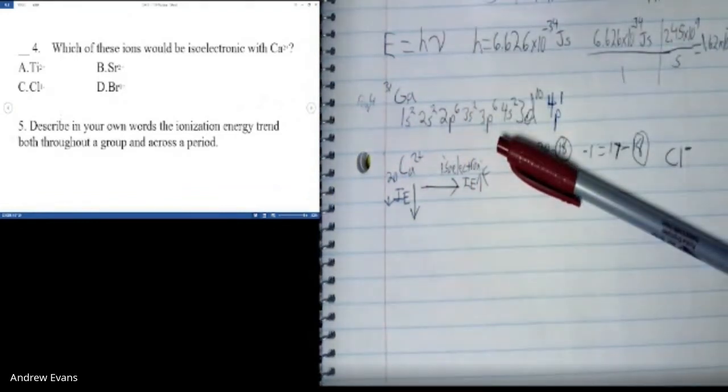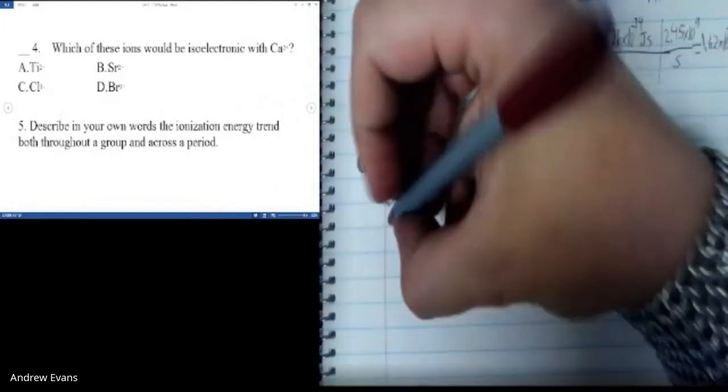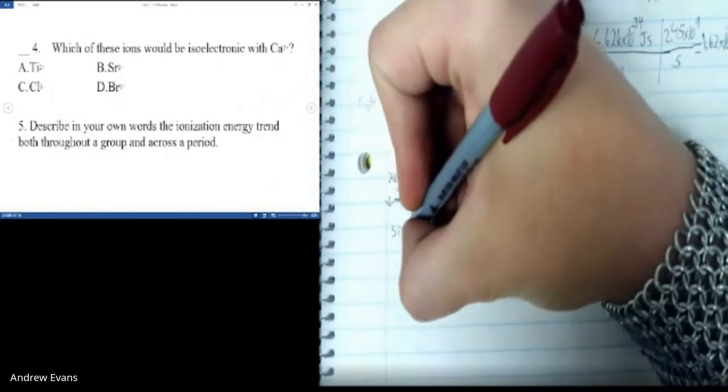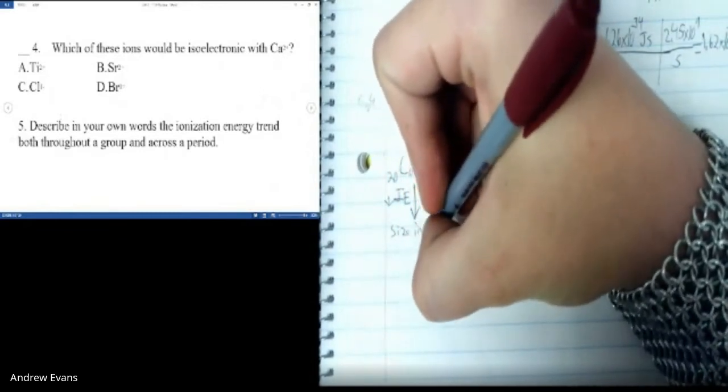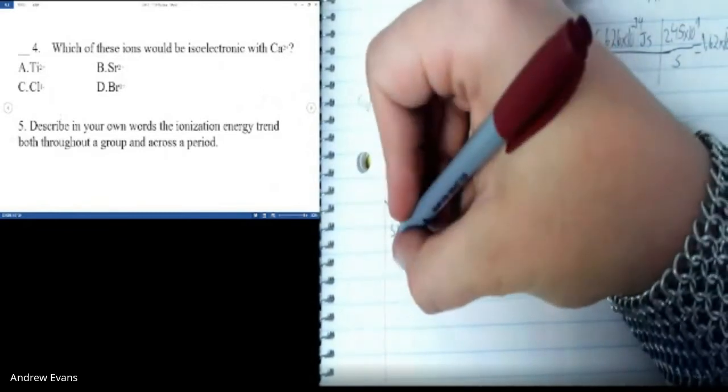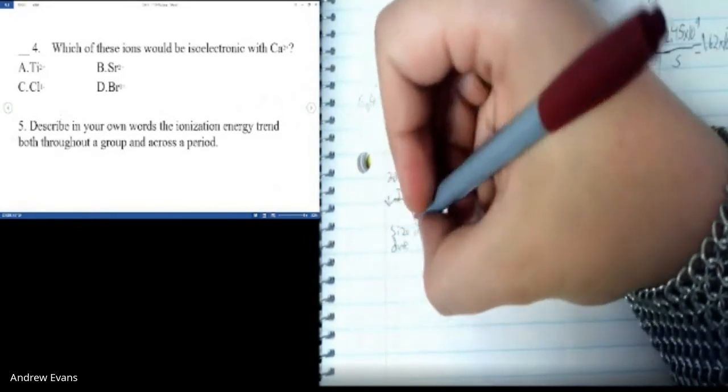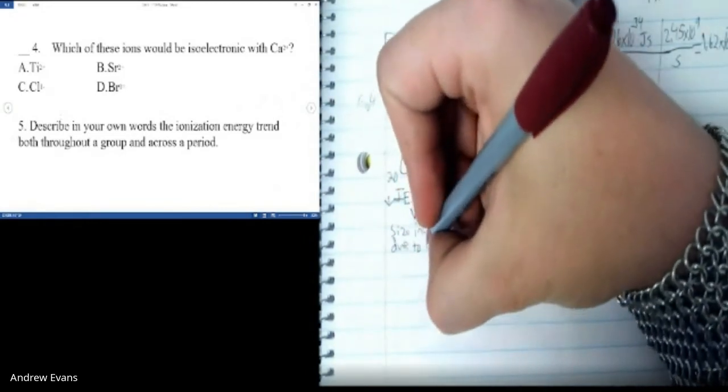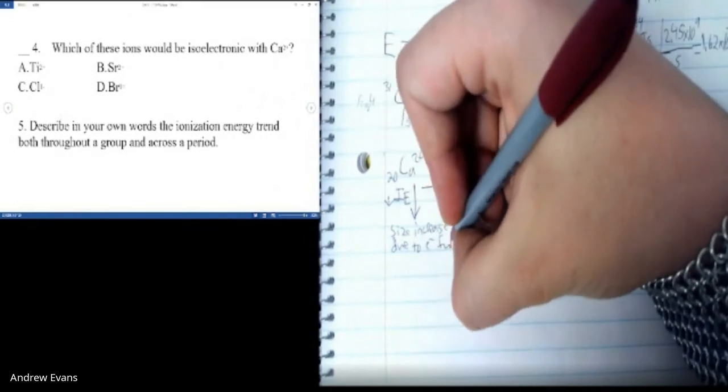Basically, ionization energy decreases as size increases, due to electrons being further from the nucleus.